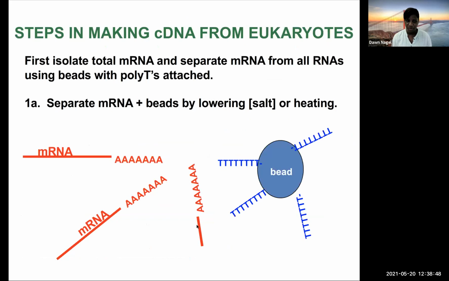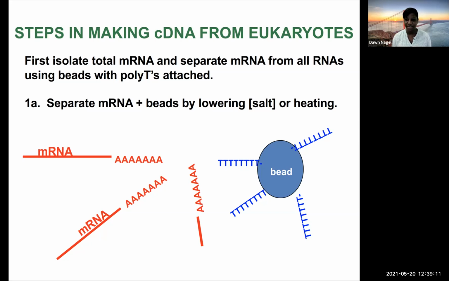The way that we go about making the cDNA is first we need to isolate all of the mRNA within that cell, okay? And that mRNA is referred to as total mRNA, right? Because it's all the mRNA that's present. What we're also isolating in the cell is not just messenger RNA, right?